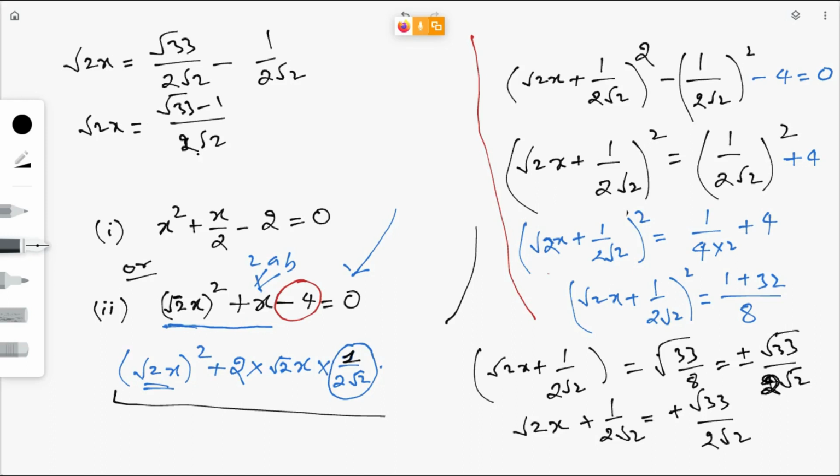Root 2, if you take the same root 2 here, you will get x is equal to root 33 minus 1 divided by 2 root 2 into root 2. So x is equal to root 33 minus 1 divided by 2 into root 2 is 2. So we will get 4 here.